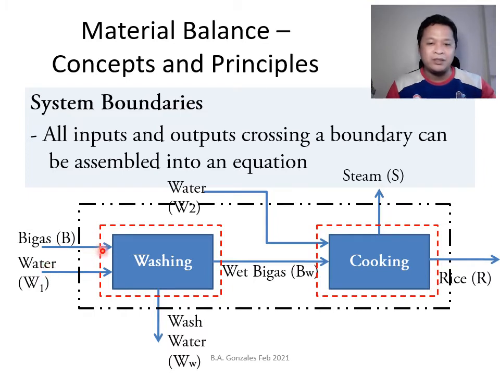Kasi sila yung papasok, and then on the other side we have W sub W wash water, and then yung B sub W or yung wet bigas. Okay, so parang ganun lang, no? For each box, that's how we write equations. And then actually this bigger box, yung equation yan would be the sum of the 2 smaller boxes, no? If you were to write them down and then add them up.